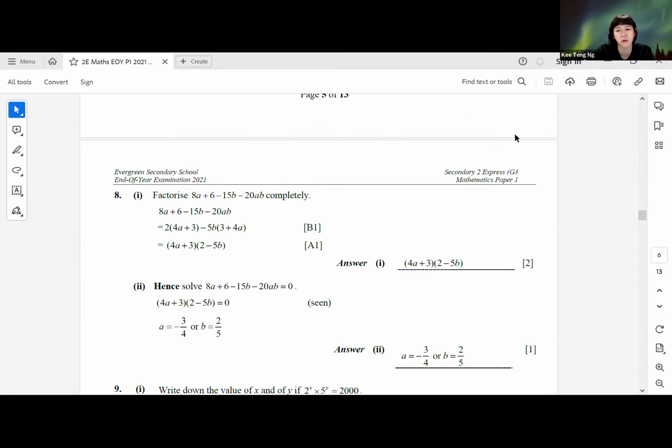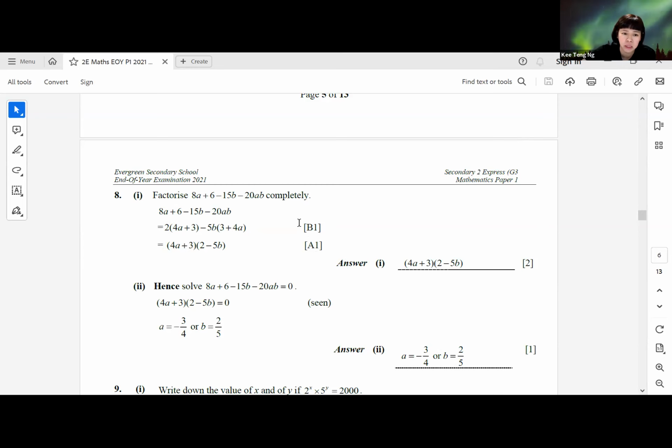A proper mark scheme will have things that look like this with A1, B1 or whichever. B1 means a bonus mark is given usually. M1 and B1 are given based on method or based on your working. If you are able to get this without certain parts of the stuff, you will still get B1. But answer mark must come with the method.